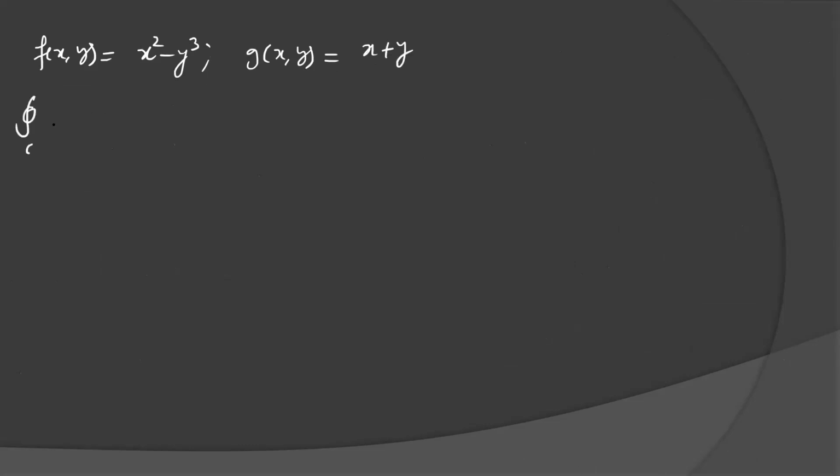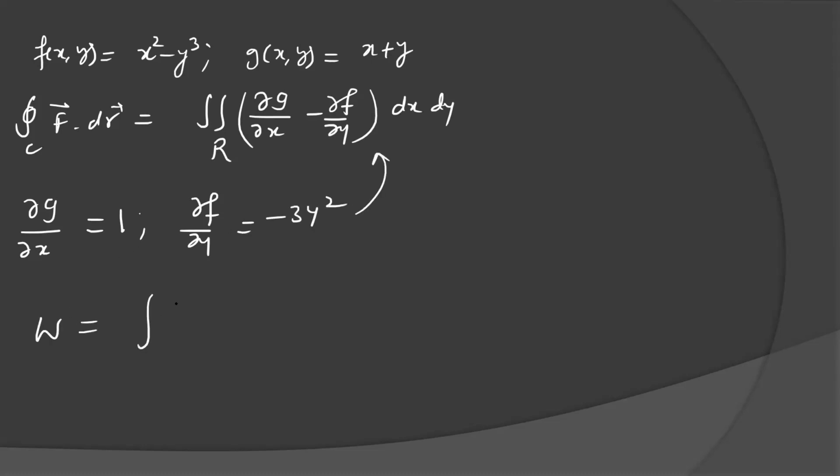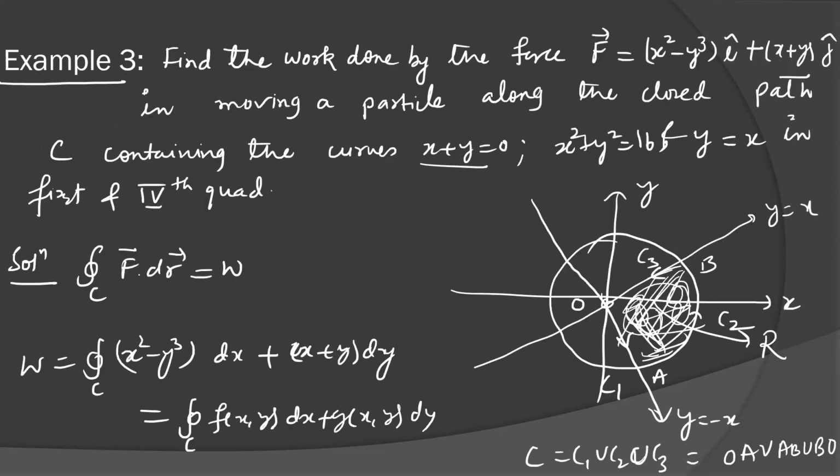So we know that the integral of F dot dr is equal to the double integral of (del g by del x minus del f by del y) dx dy. So what is del g by del x here? Del g by del x is 1. Del f by del y is minus 3y square. Put these values here. So the work done will be equal to the double integral over region R of (1 plus 3y square) dx dy.